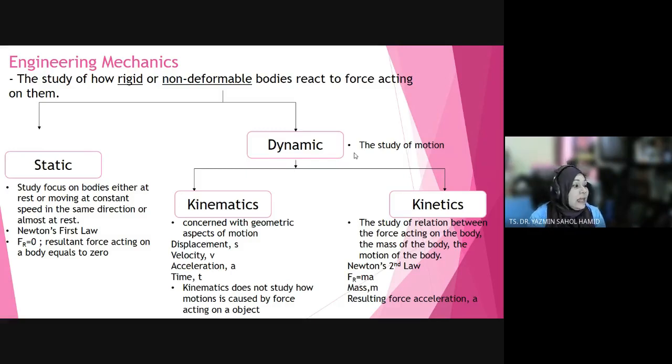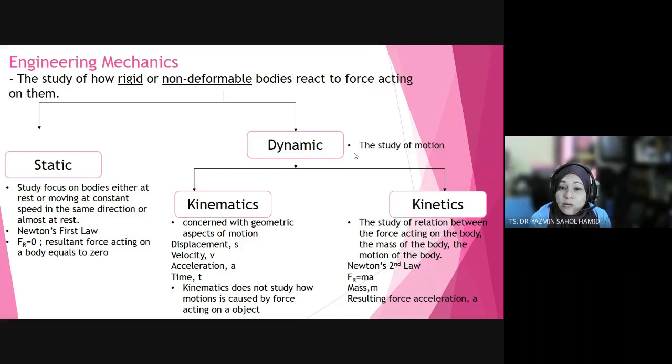And in statics you only consider Newton's first law. The equation you always use is the summation of forces F equals 0, the summation of forces in the X or Y or Z direction equals 0, whereby the resulting force acting on the body will equal 0. That is statics.